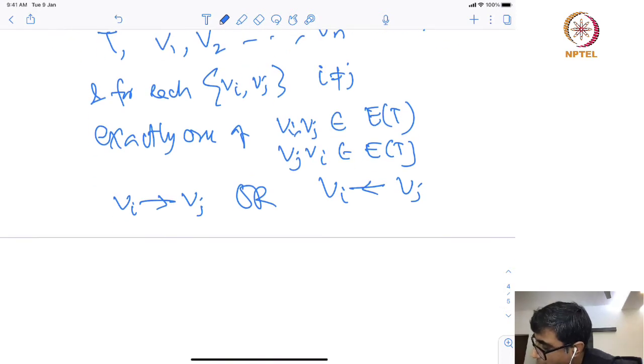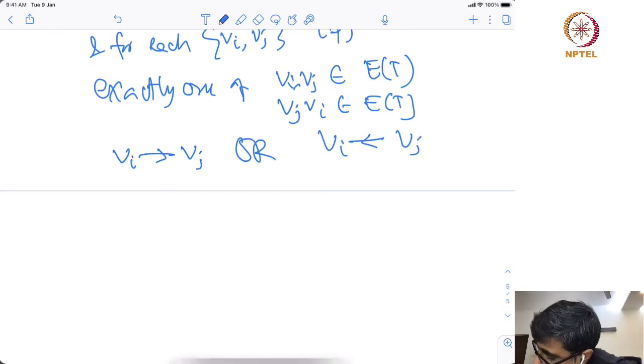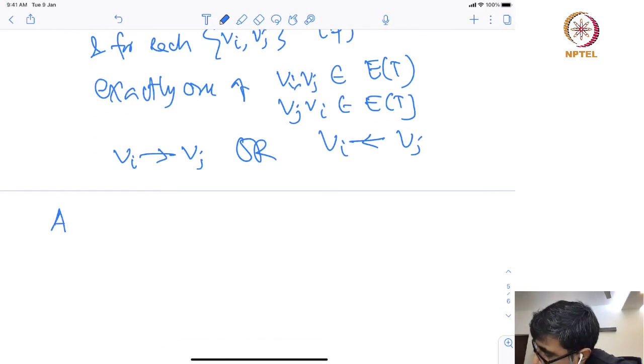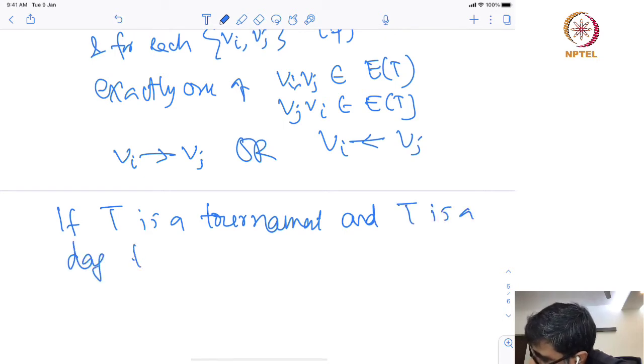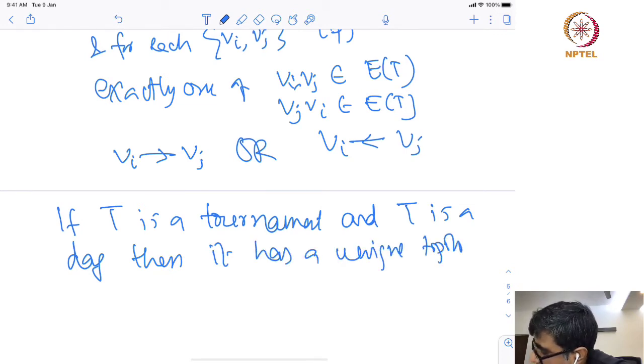Notice that if T is a tournament and T is a DAG, then it has a unique topological ordering.